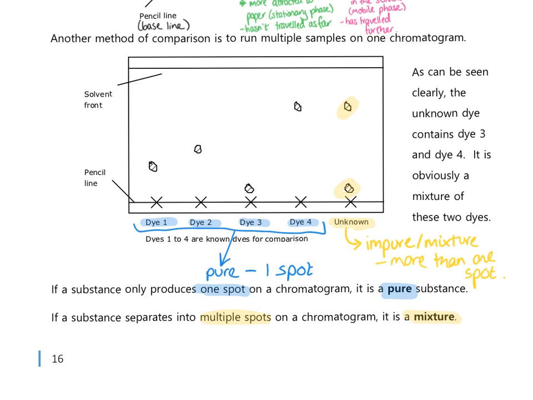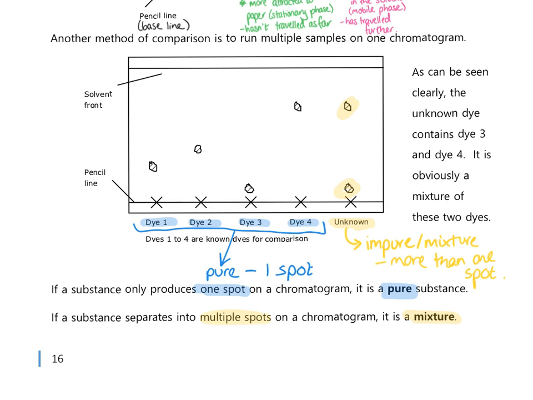So certain substances will have the same RF values in a given solvent. So even if I run the solvent up further, it will give me that same RF value. So you can see by comparison that this spot matches up with this spot.